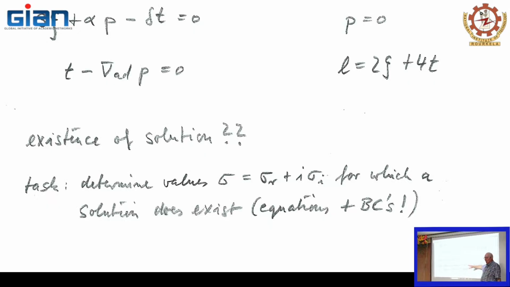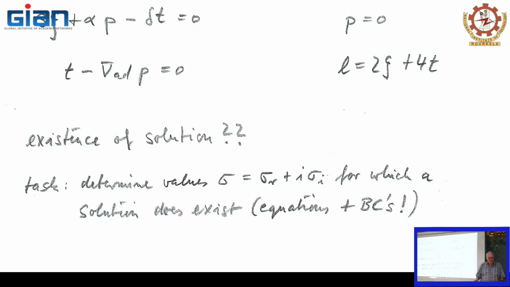The task is to determine the values of the parameter sigma for which a solution does exist. A solution means equations plus the boundary conditions. If you change the boundary conditions from boundary to initial value, we will always have a solution, but this sigma would not be determined.